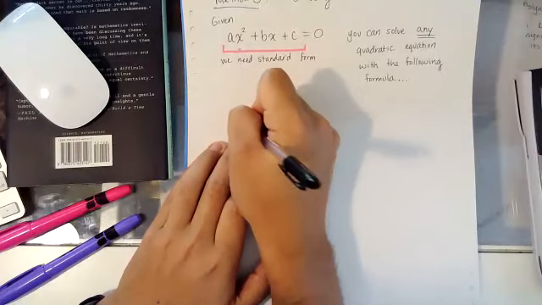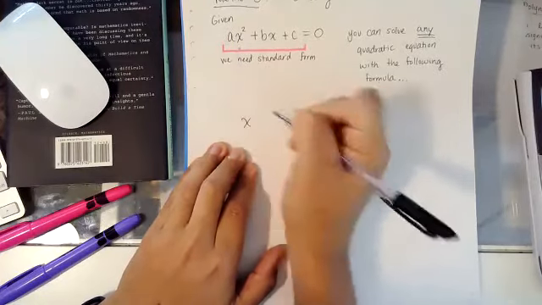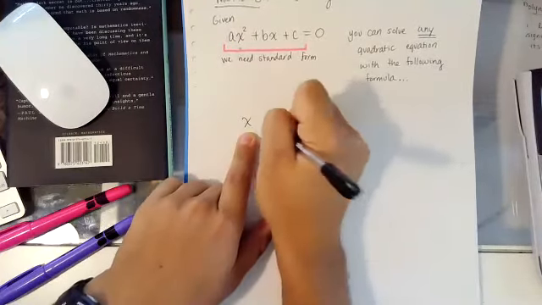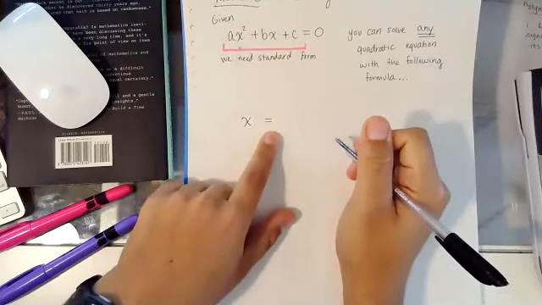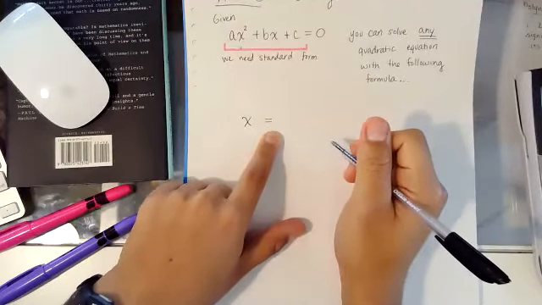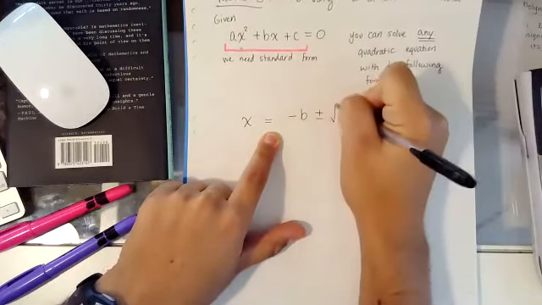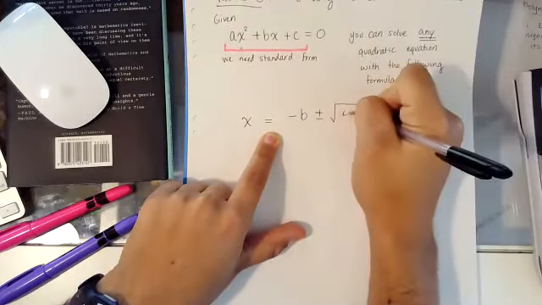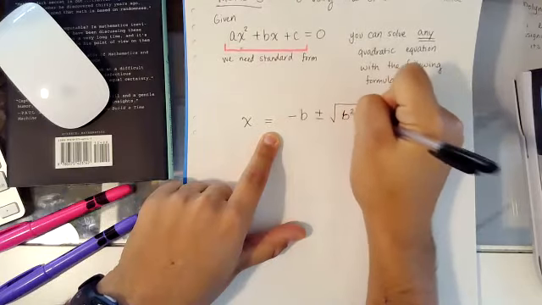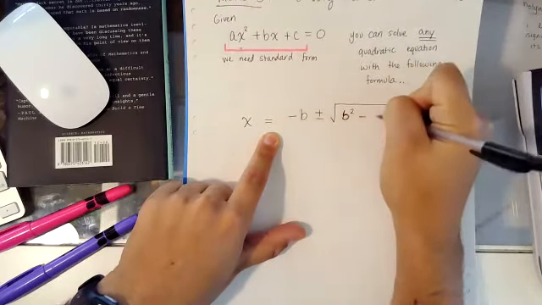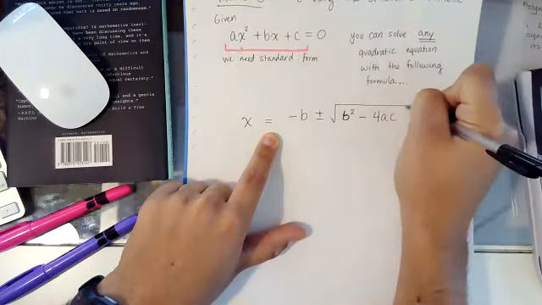And that is, your solutions will be x is equal to, now this is a big one, so I'm going to take a large breath, negative b plus or minus the square root of b squared minus 4ac. That's all under the root.